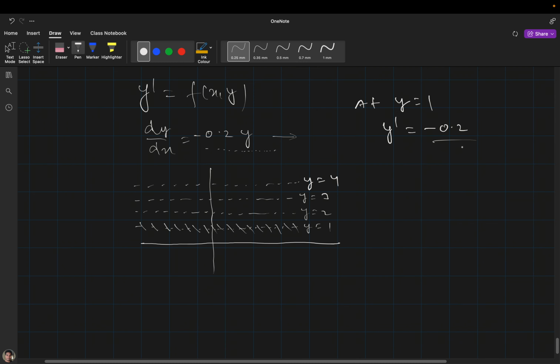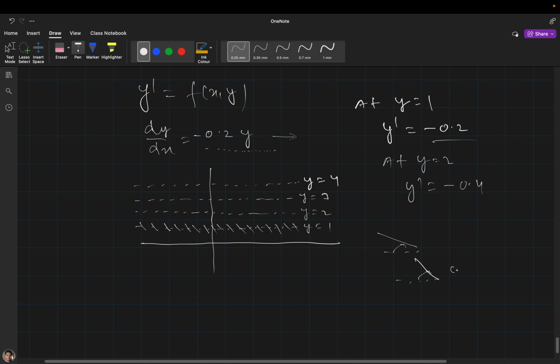Now when y equal to 2, y dash will become minus 0.4, which means the slope of the tangent will be more inclined towards the x axis. Are you getting what I'm trying to say? If at y equal to 1 the slope is like this, then at y equal to 2 the slope will be like this, which means the angle from this direction has decreased.